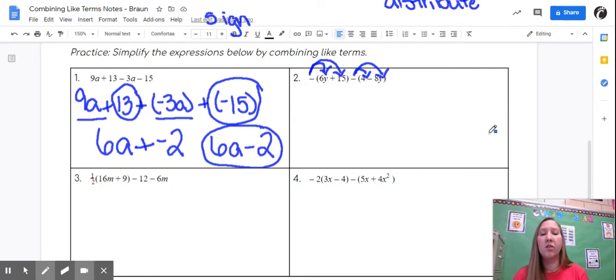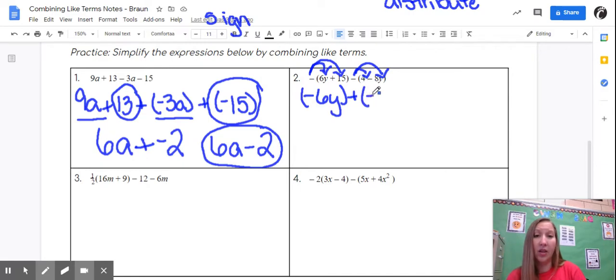So we're going to rewrite this expression after we've used the distributive property. So when I do that, my negative 1 times 6y is going to give me negative 6y plus negative 1 times 15 is going to give me negative 15.